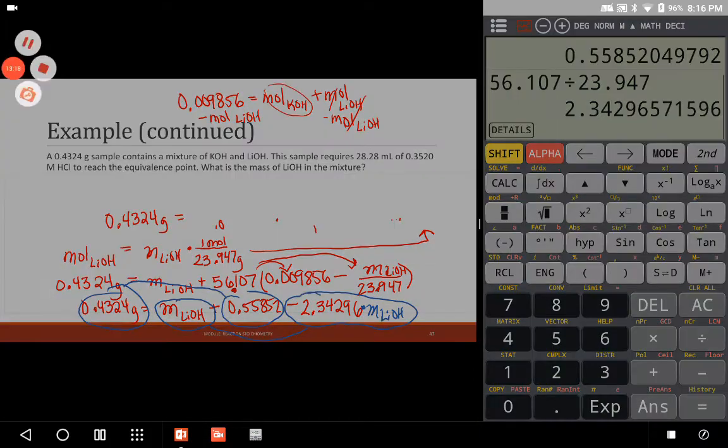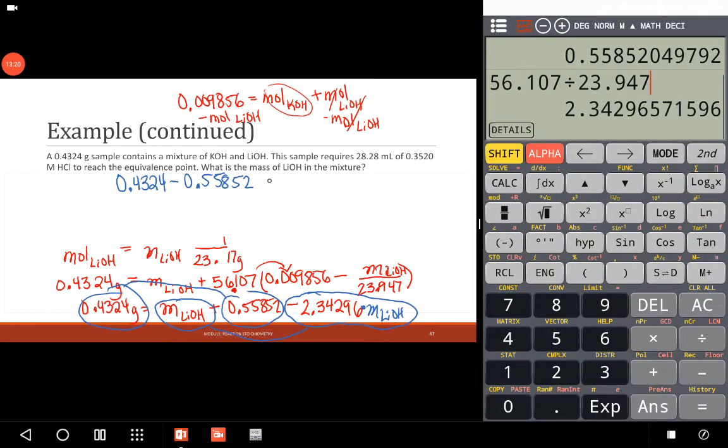And so I'm combining the like terms. So I have my mass of lithium hydroxide, and so this is just going to be equal to negative 1.34296 mass of lithium hydroxide.